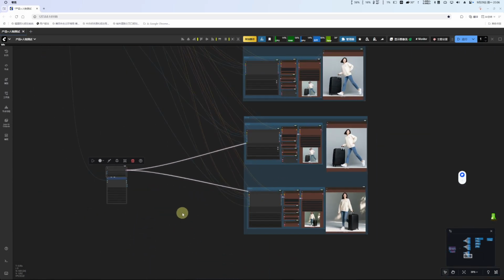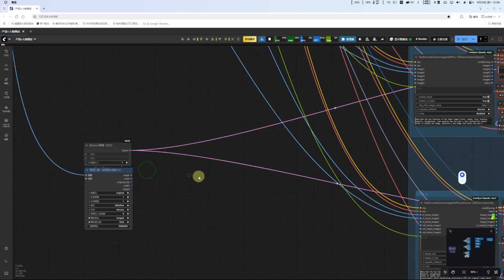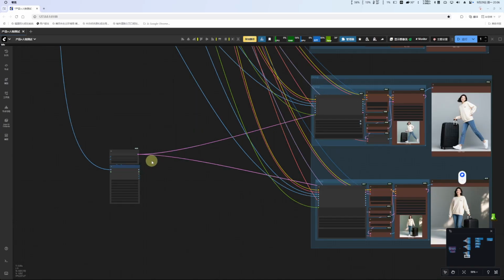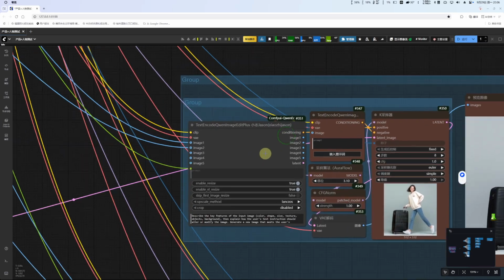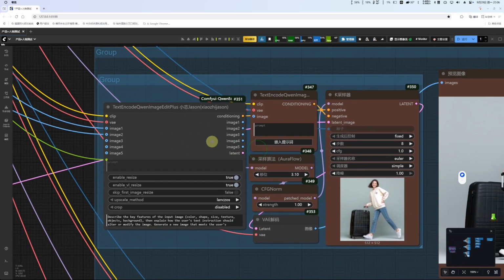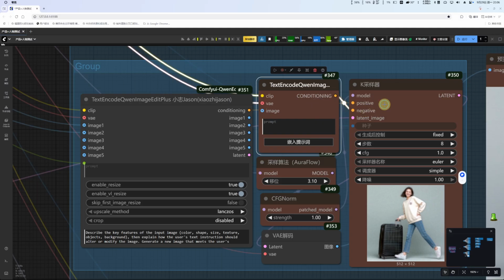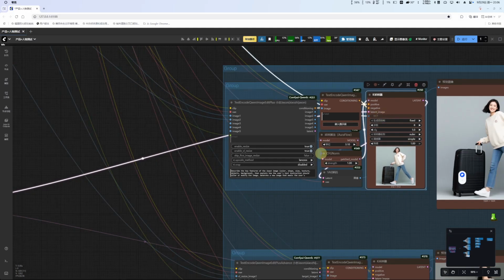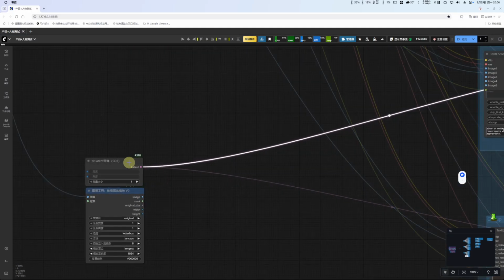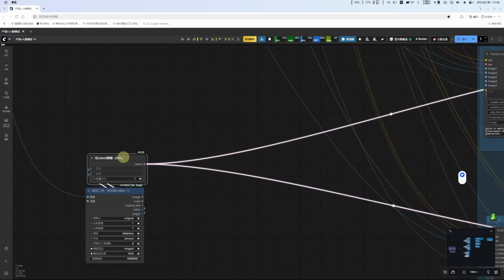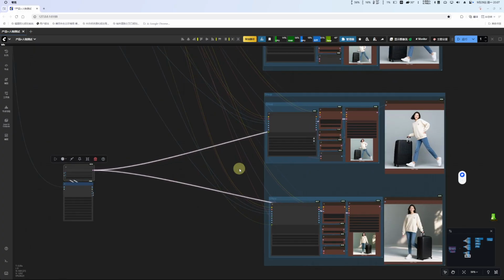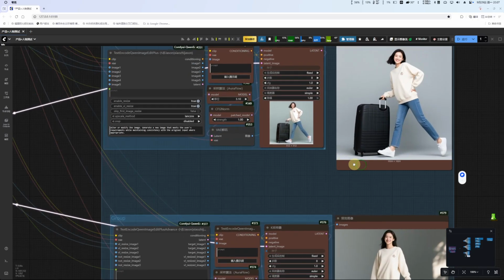Now let's look at the situation we just talked about. This test situation is when we use this node, and when the Xiaoji brain recognizes this node, we can find that we have a latent here that can connect to this sampler. So what is the difference between this and when we pull an empty latent alone? Because, after all, sometimes we want to change the size or aspect ratio of the picture.